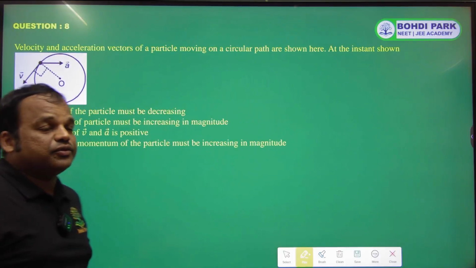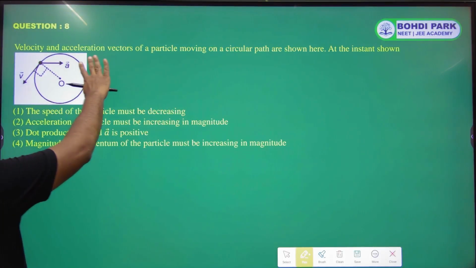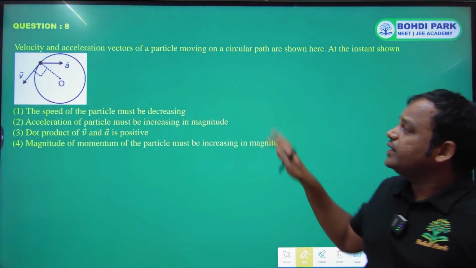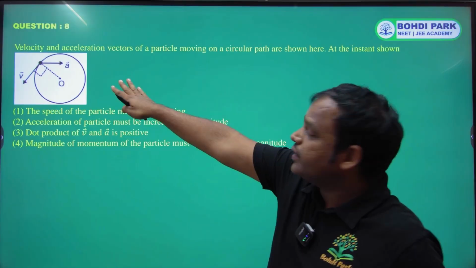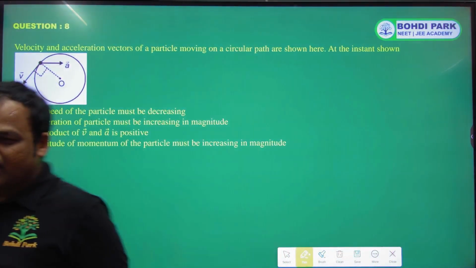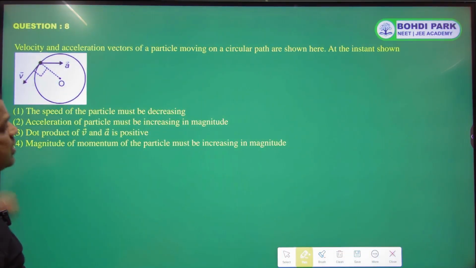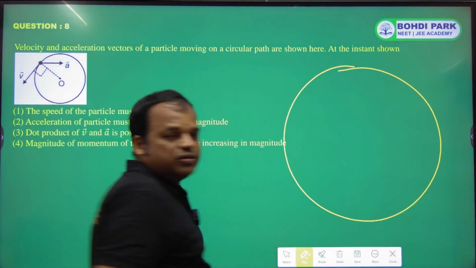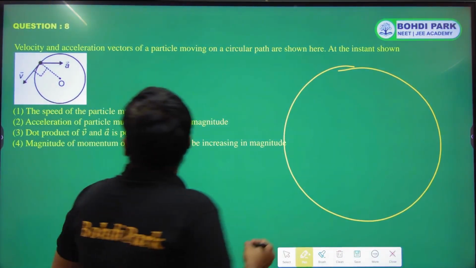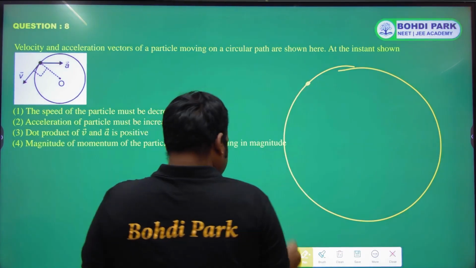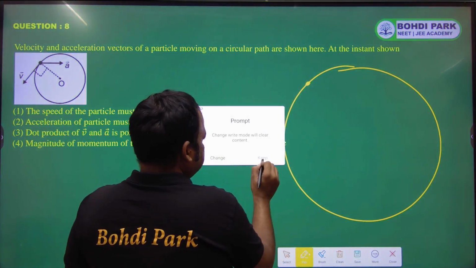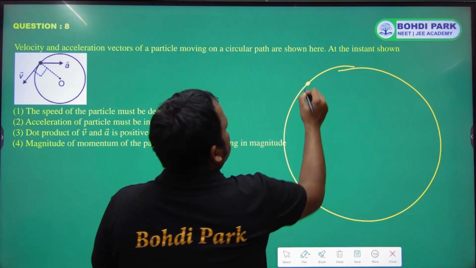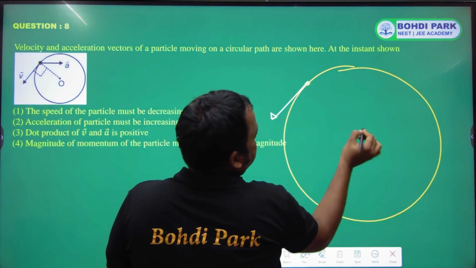Now look at 8th question. We have velocity and acceleration vectors of a particle moving on a circle as shown. At an instant, the acceleration vector and velocity vector are given. So look at this circle. So at this position, this is the velocity, this is the center.